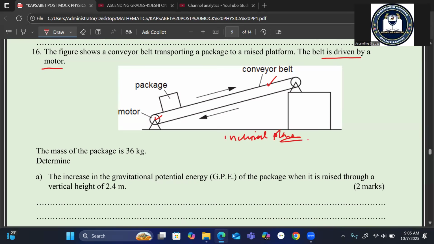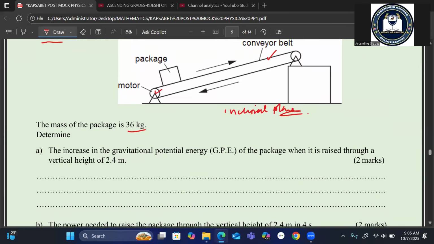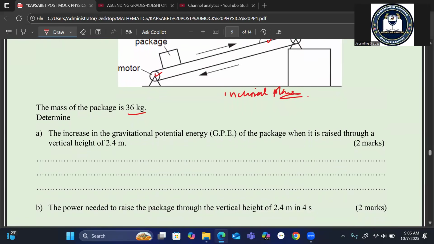Then you're told the mass of the package is 36 kg. Determine the increase in gravitational potential energy, GPE, of the package when it is raised through a vertical height of 2.4 meters. Remember, GPE is given by mass times gravity times height. We have the mass as 36 kg, our gravity as 10 newtons per kg, and we are given our height already.